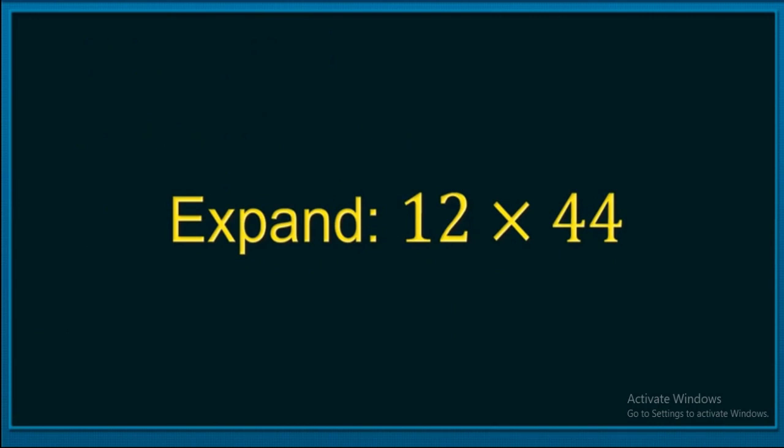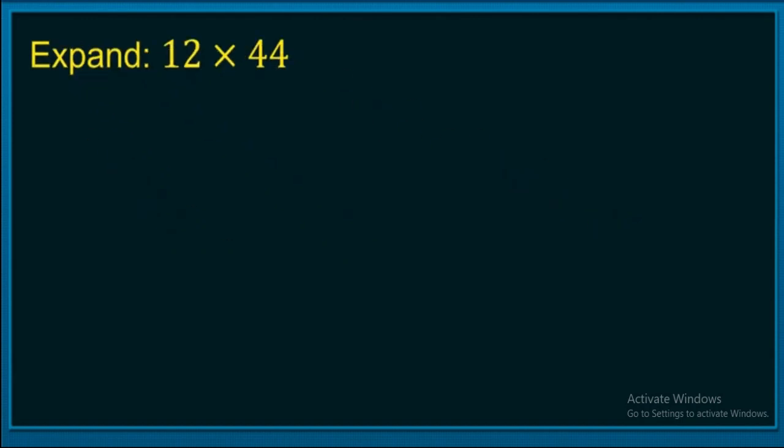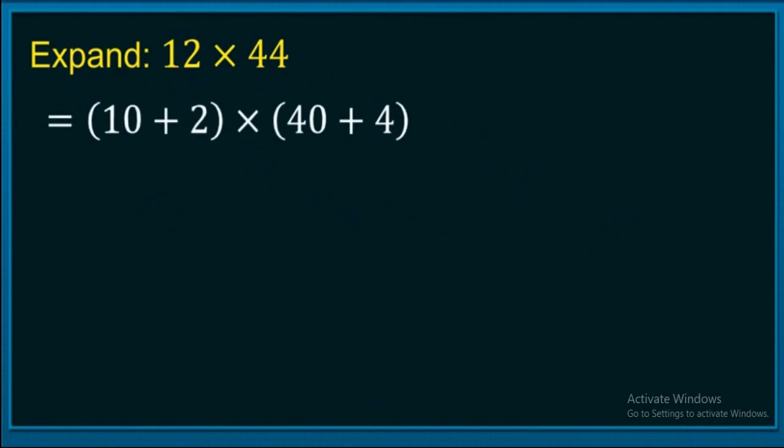Let us see another example. Here, we will find the product of 12 and 44 by expanding brackets. 12 can be expanded as 10 plus 2 and 44 as 40 plus 4. A pair of brackets can be placed around 10 plus 2 and 40 plus 4.